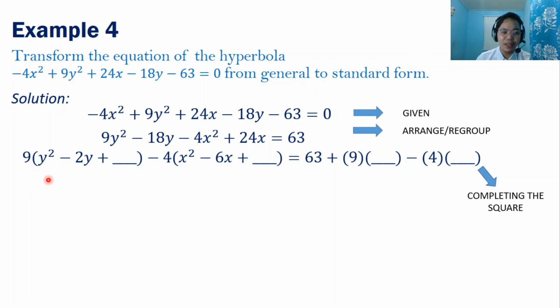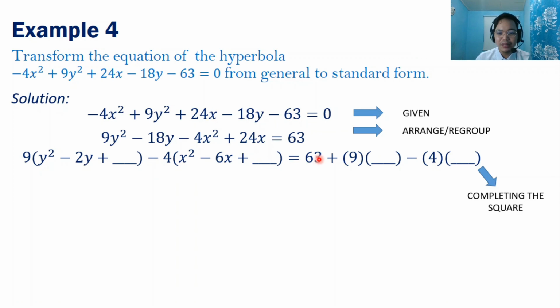So, nag-GCF tayo, nilabas natin yung 9 because 9 times y² equals 9y² and 9 times 2 is 18. So, sa kabilang group, ganun din. 4 times x² is 4x². Then, negative 4 times negative 6 is positive 24. So, as you can see, negative ang ating 4.